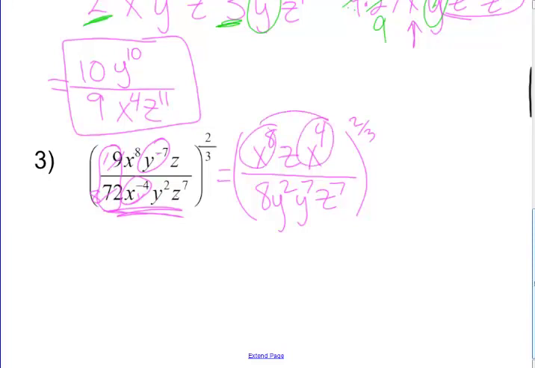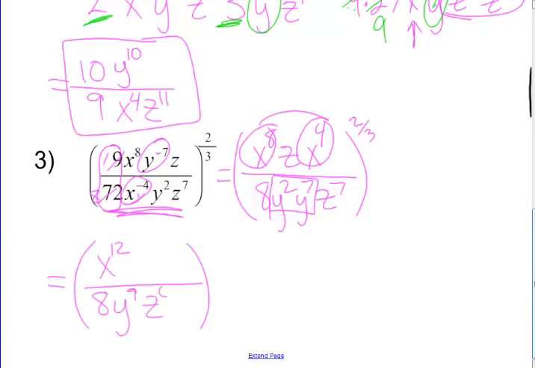All right, so then we'll do some combining on the inside. So the x's can go together, my y's can go together, and then I have a z on top and bottom. So what do I do with my exponents when it's on top and bottom? Yeah, you subtract the exponents there. So on top, x to the 12, 8 on bottom, y to the 9, z to the 6, to the 2/3 power.